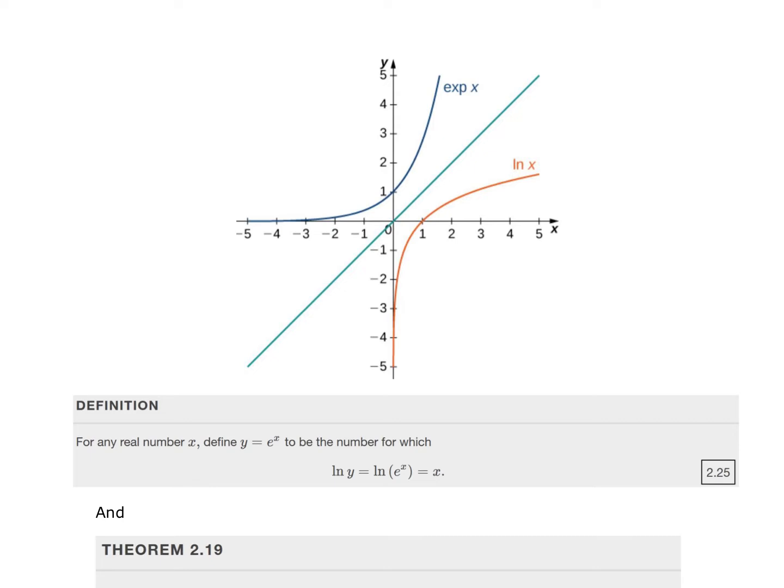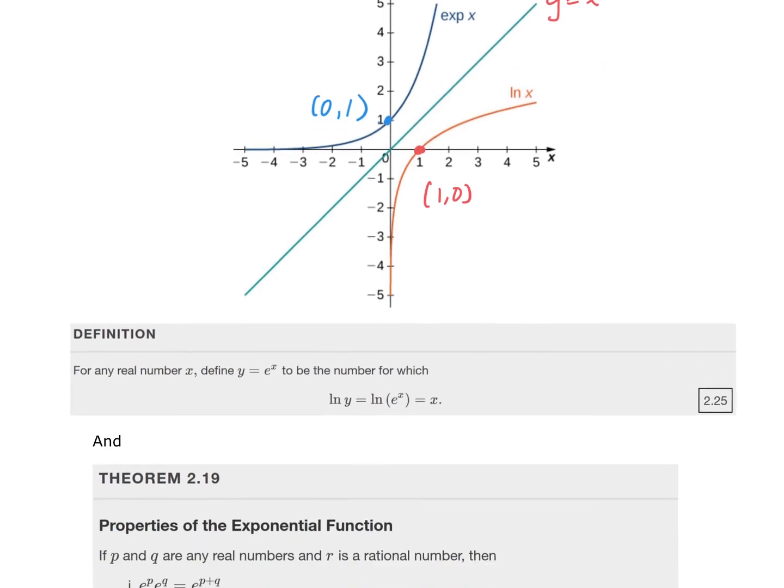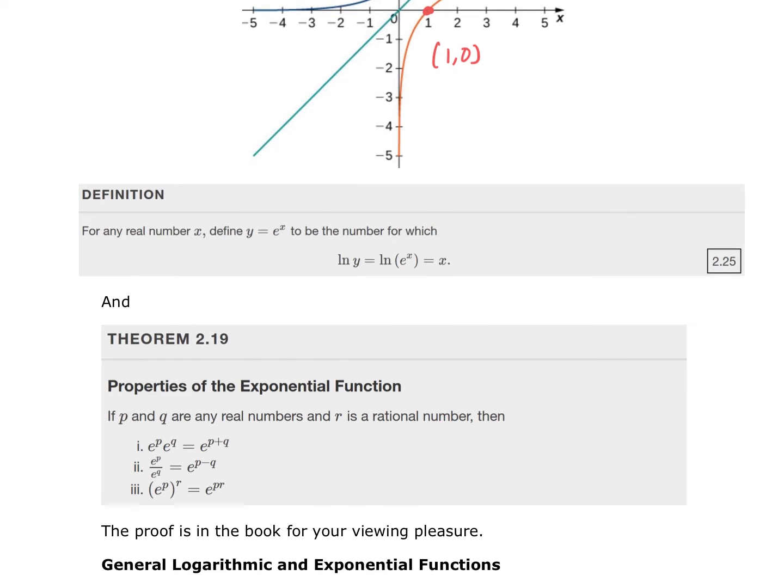And of course, we know that when we have functions that are inverses, they are reflected over the line y equals x. So this point on the natural log of x, (1, 0), has its inverse become (0, 1). Here's another definition.